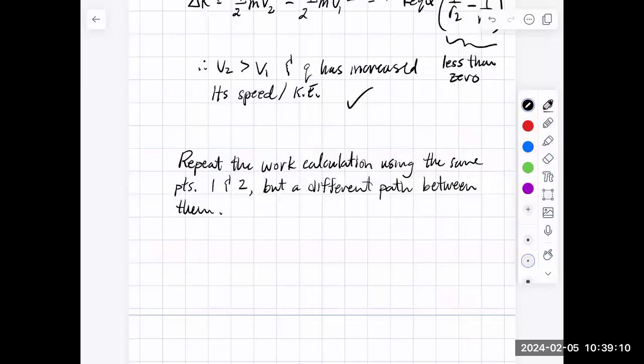But if I move it from 1 to 2 along a different path, there's still the exact same change in gravitational potential energy. It's just mg times the change in height. And it doesn't matter how I go from 1 to 2, as long as I have the same starting and ending points, this change in potential energy is always the same. And we're going to want to do something similar for our electrostatic force.